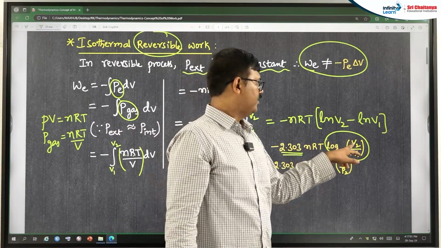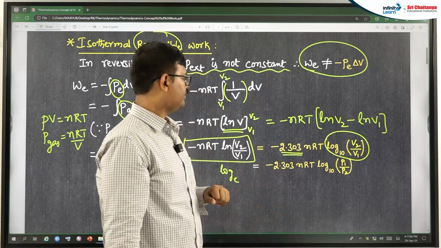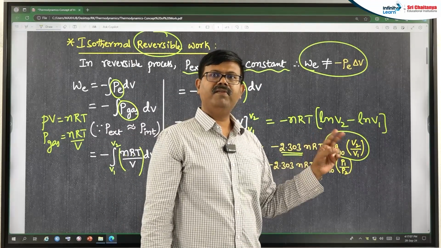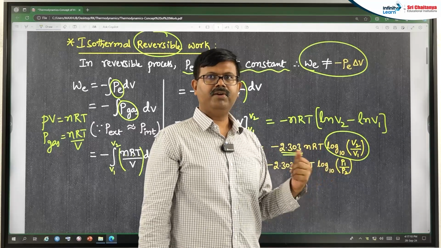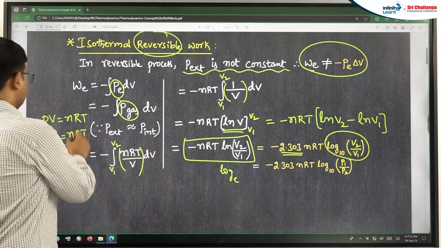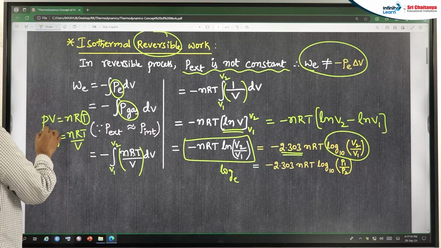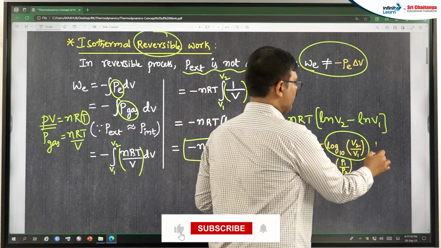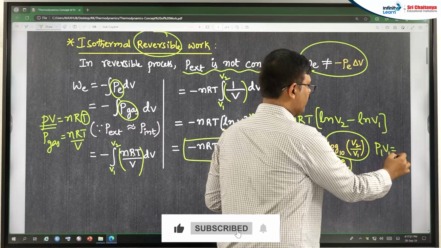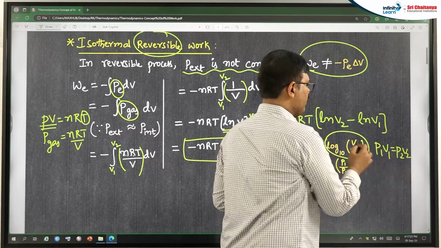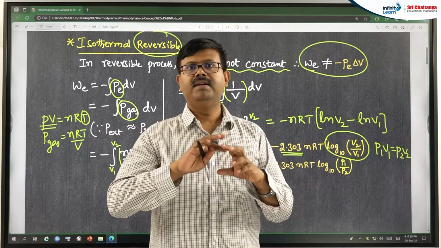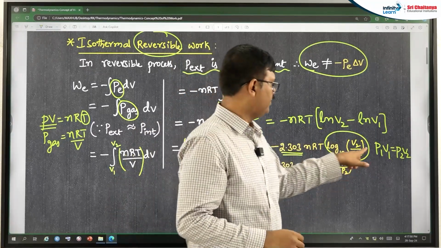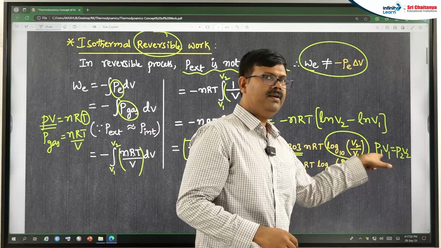Now here, in case of an isothermal process, P1 V1 is equal to P2 V2, because when temperature is constant, PV will be constant. When PV is constant, you can write P1 V1 is equal to P2 V2. Then V2 by V1 can be replaced, if you want, with what term? V2 by V1 is P1 by P2.